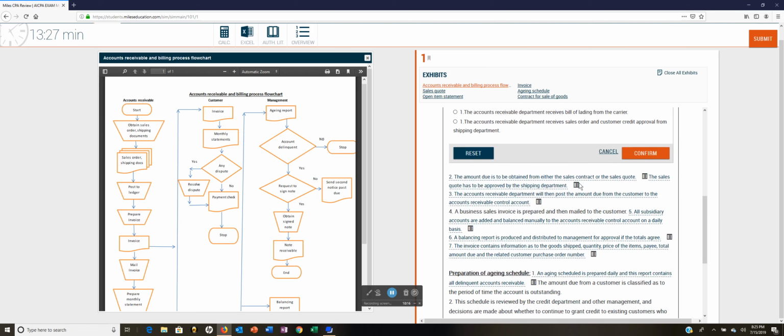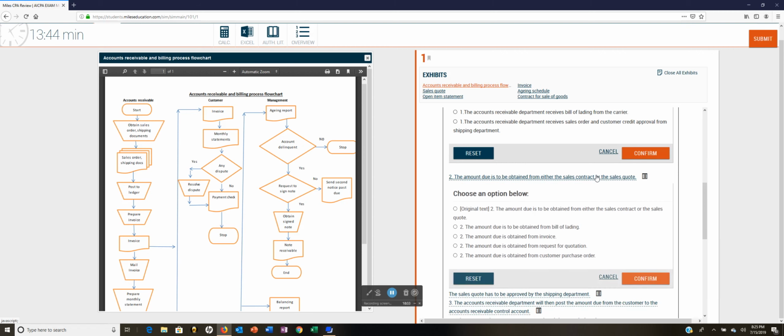Okay. The next one says the amount due is to be obtained either from the sales contract or the sales quote. Let's click on that, and we have choices.